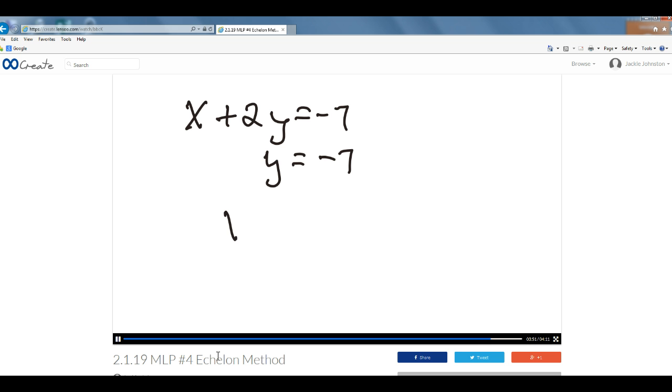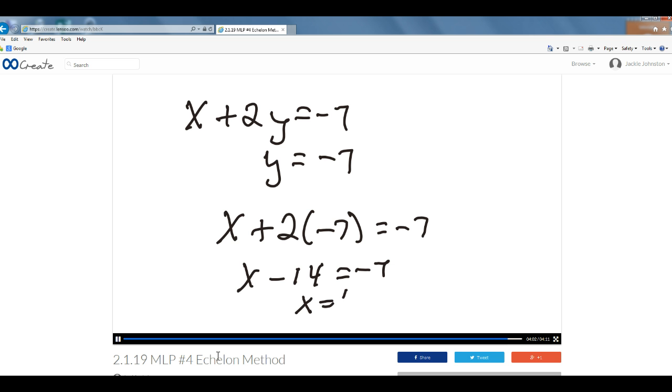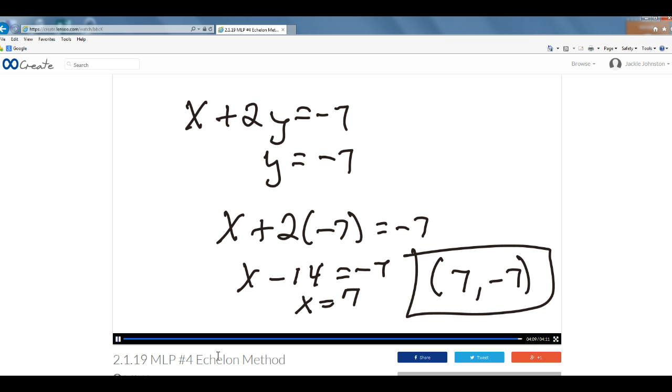I can back substitute my y, and I will end up having x minus 14 equals negative 7, and then x equals 7. So my answer is 7, negative 7, using the echelon method.